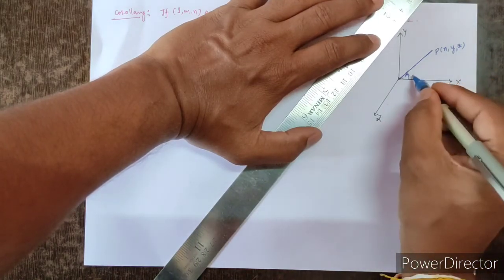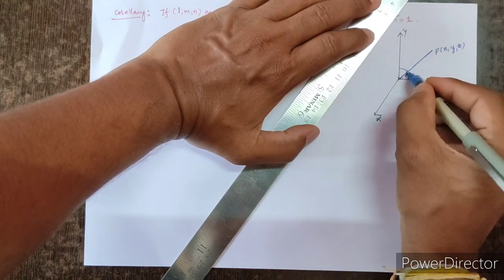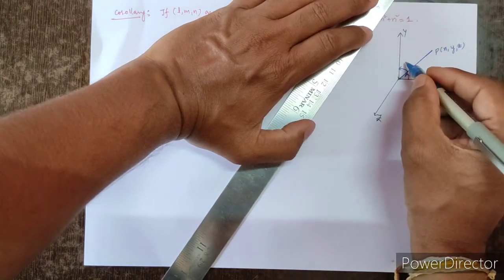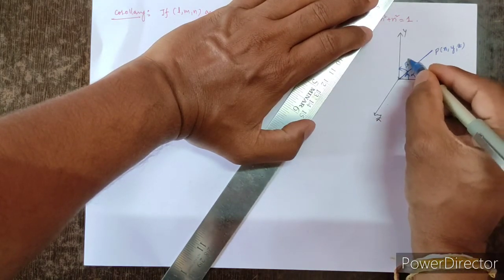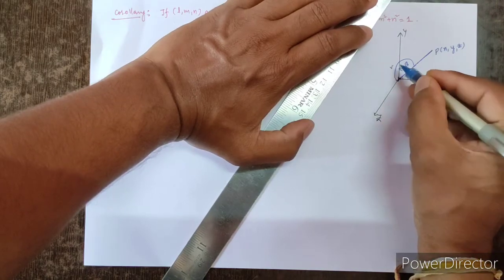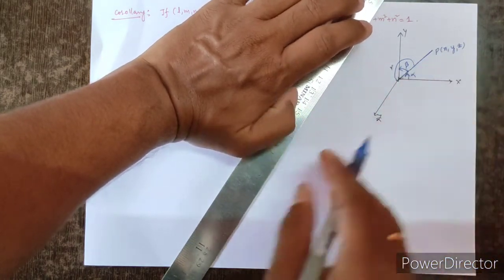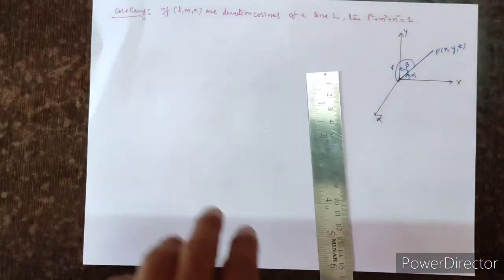The angle with the x-axis in positive direction is alpha, this is beta, this is gamma. Already we have seen.